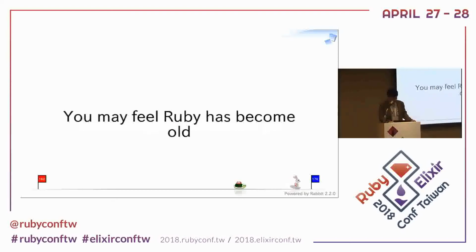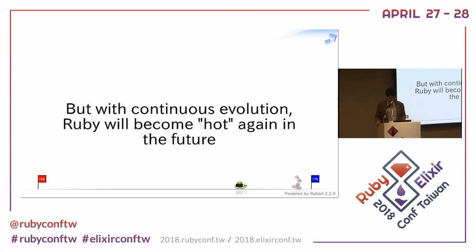Technology comes and goes, so you may feel Ruby has become old. Yeah, it's old. 25 years is old for software. But with continuous evolution, we will become hot again in the future. When we have a language 3 times faster than the previous version, it is quite hot.